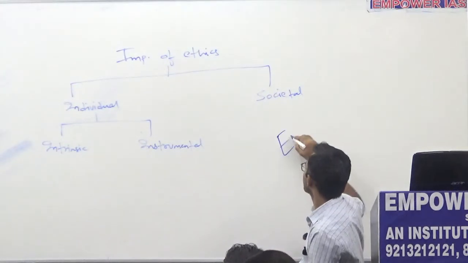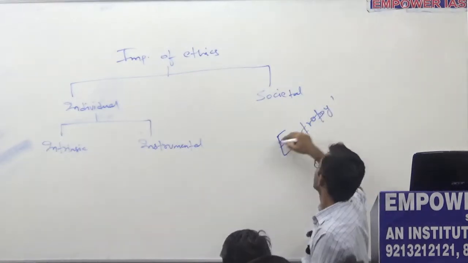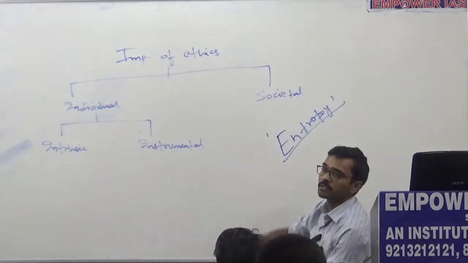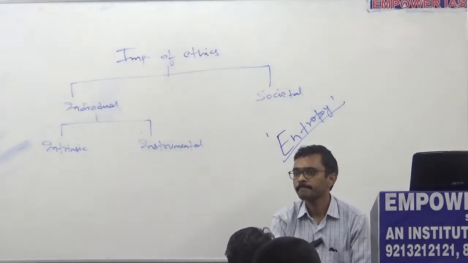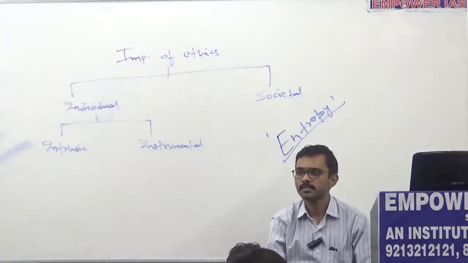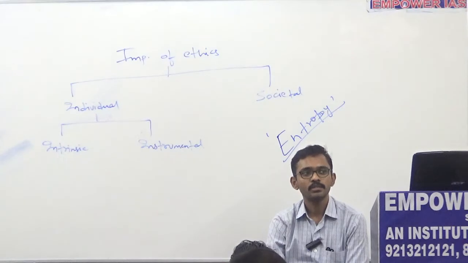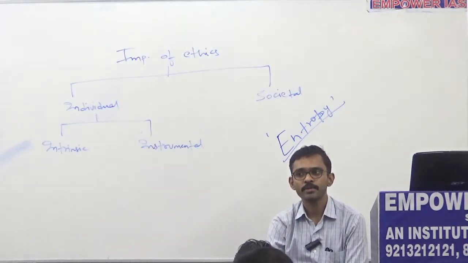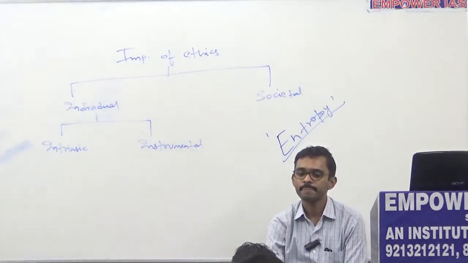You understand entropy? You must have studied it in physics, chemistry. What does entropy mean? Randomness, disorder, instability. Ethics is needed to achieve negative entropy.